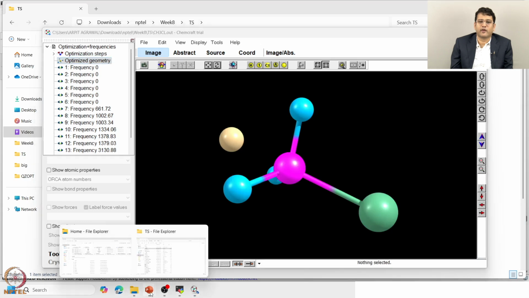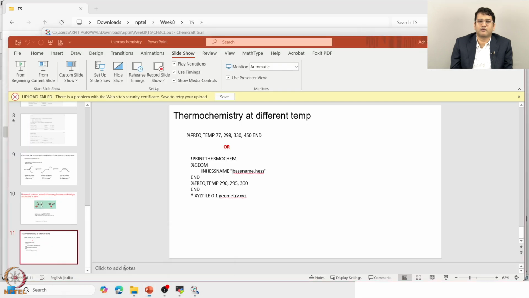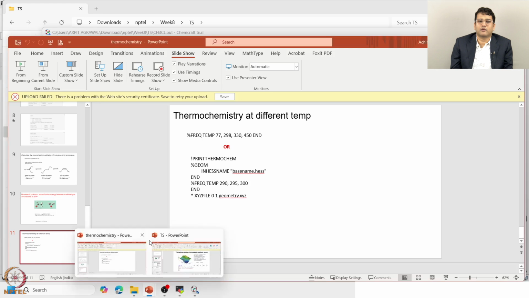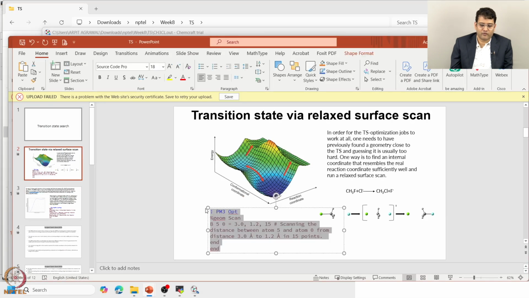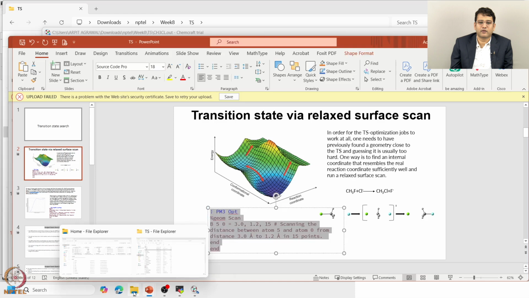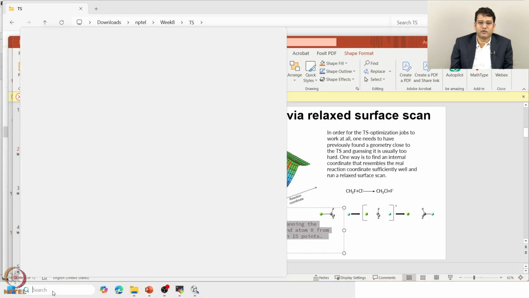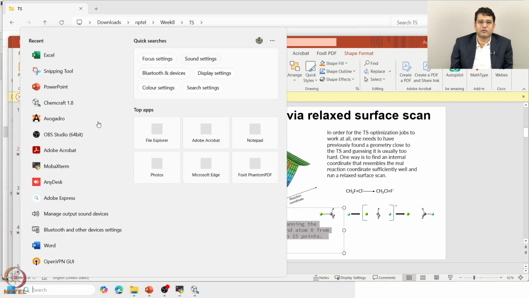Now, let us prepare our input file. So, this is my input file. Do not forget that there are two ends to the geometry block.